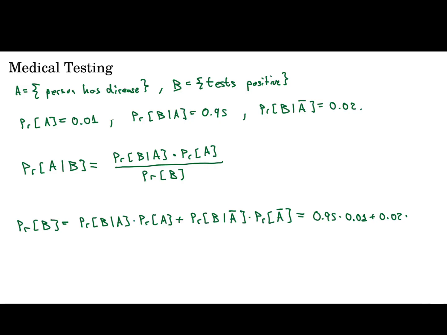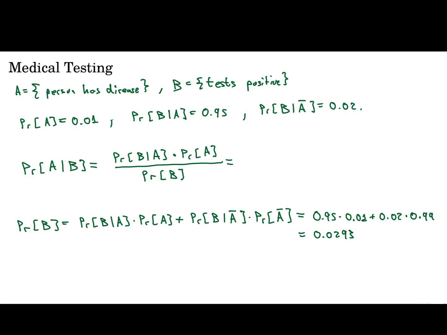So this will be times 0.99, and if you compute that, you get around 0.0293, right?